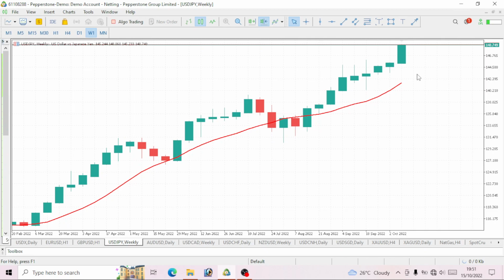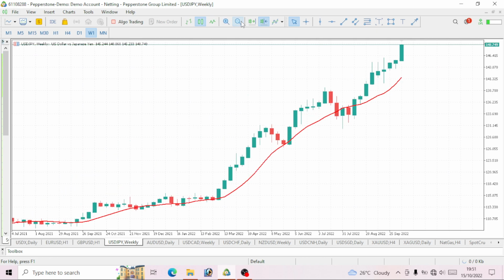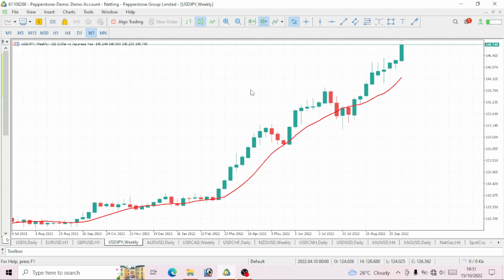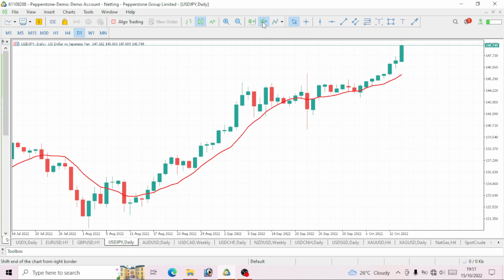So like I said, this USD JPY, we have to go long. We know it. Monthly time frame, we have to go long. Weekly time frame, we have to go long. So if you go long and take this trade, we should be able to grab 100 pips on USD JPY. So USD JPY, we are still on a bullish move. Clear. Now let's see what this daily time frame also says.